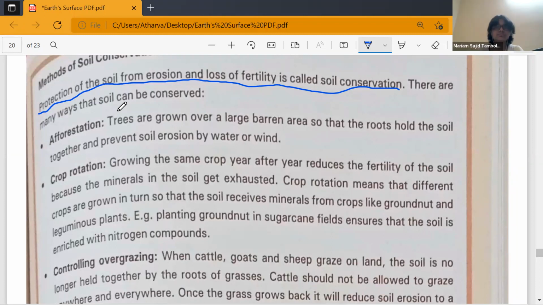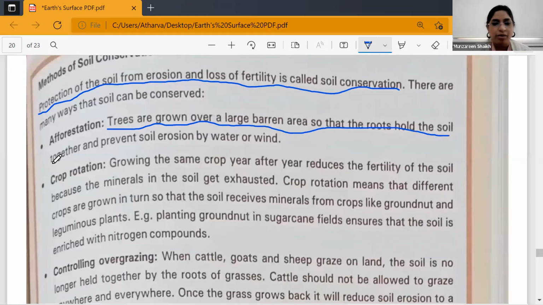Trees are grown over a large barren area so that the roots hold the soil together and prevent soil erosion through wind and water. Clear? Yes, ma'am. Please underline this entire sentence: afforestation, where trees are grown to hold the soil together in order to prevent soil erosion.